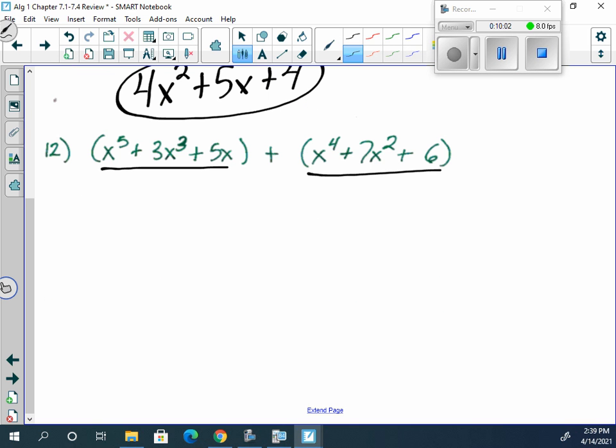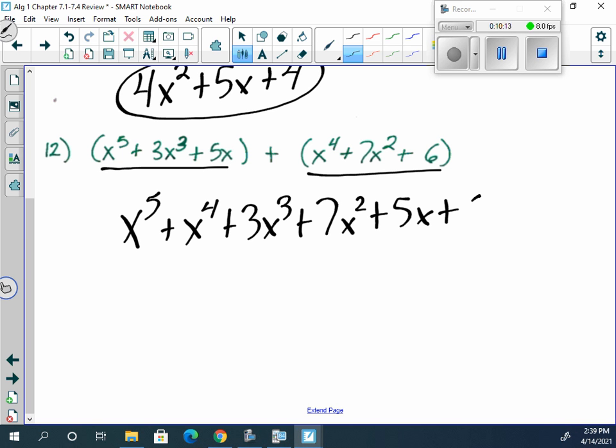So really, we're just relisting it out in standard form as x to the fifth plus x to the fourth plus 3x cubed plus 7x squared plus 5x plus 6, because nothing combined, so we just ended up relisting it back out. I didn't put one of those on the test because there's not much to it.